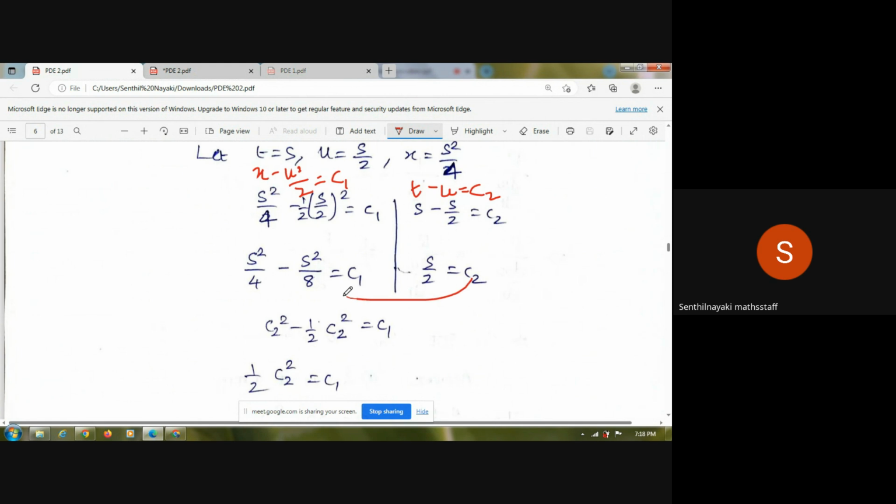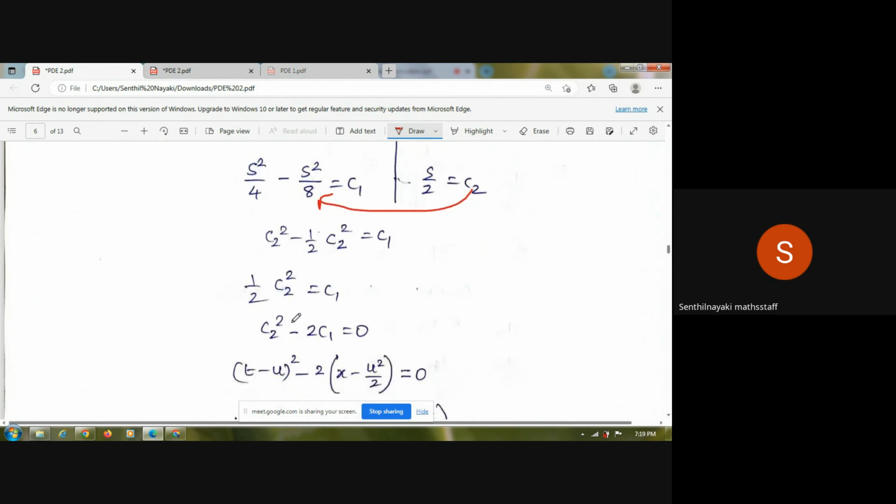Substitute c2 equal to s by 2 here, then we get s by 2 the whole square, therefore c2 square. Next to 1 by 2, c2 square means s square by 4, so c2 square. So c2 square minus half c2 square equal to half c2 square, which is equal to c1. So we have c2 square minus 2c1 equal to 0.